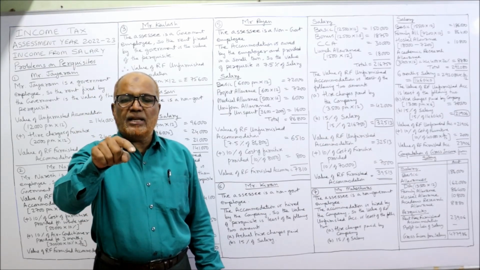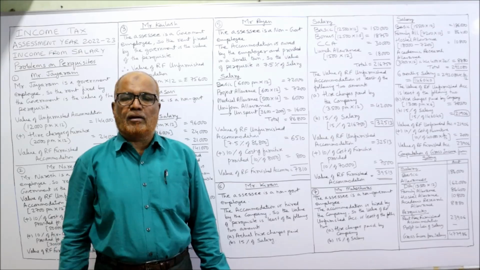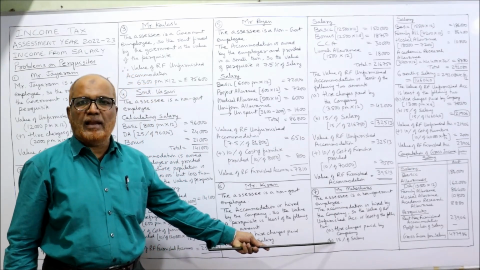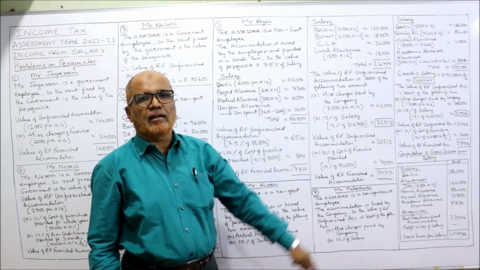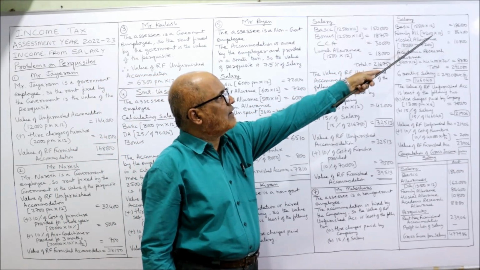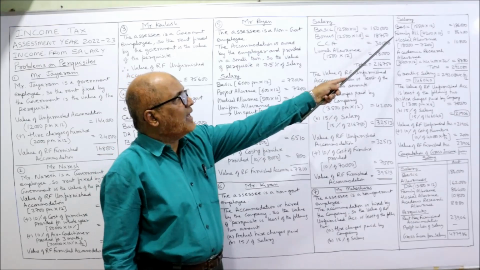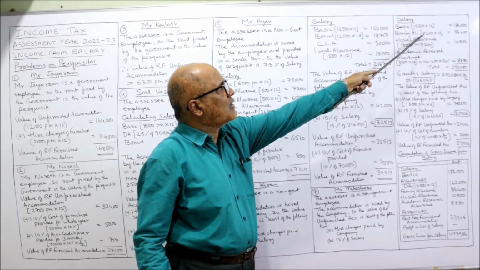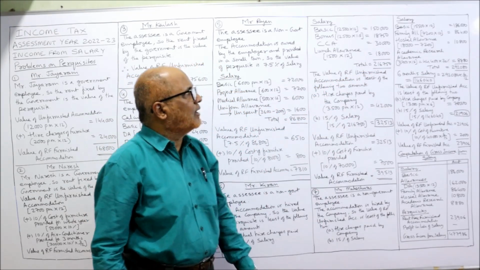First one, the hire charges paid by the employer. Second, 15% of salary. Again, we need the salary. Salary: take basic 15,500 per month into 12, 1,86,000. Family allowance, fully taxable, 7,200 into 12, 86,400.